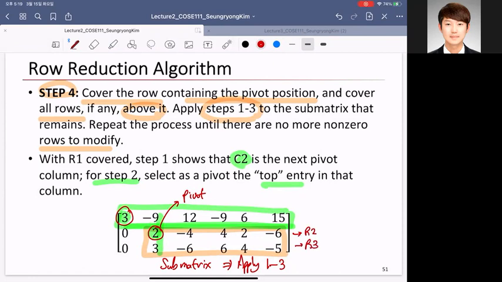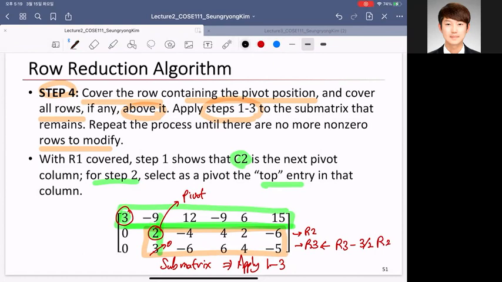So let's suppose that this is R2 and this is R3. To further row reduce, we have to eliminate this term as a 0. So our new strategy is going to look like this: R3 minus 3 over 2 R2, right?